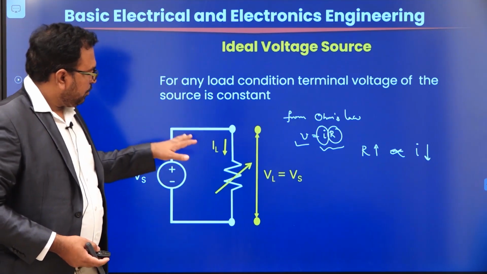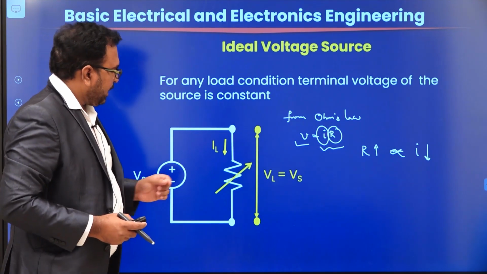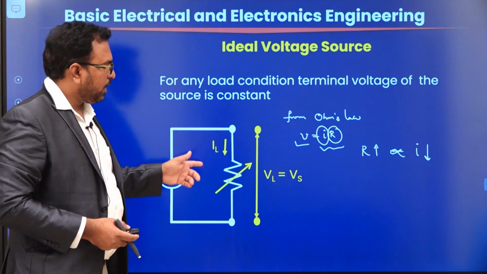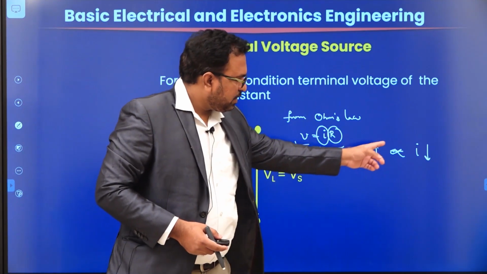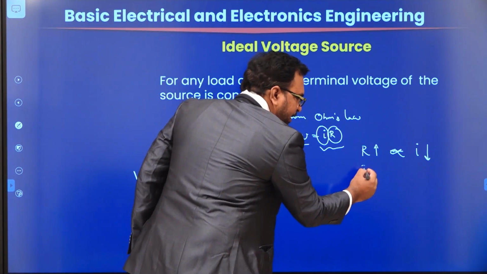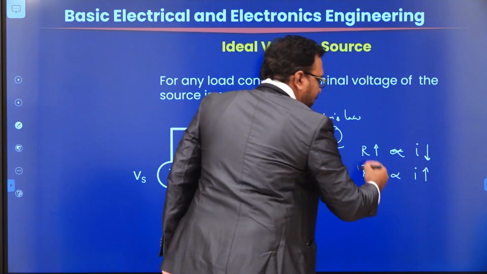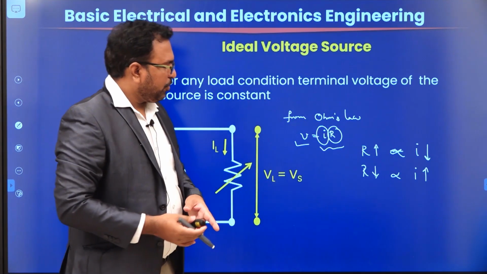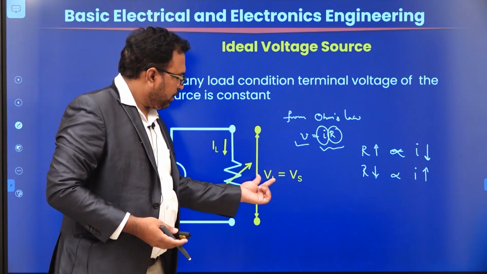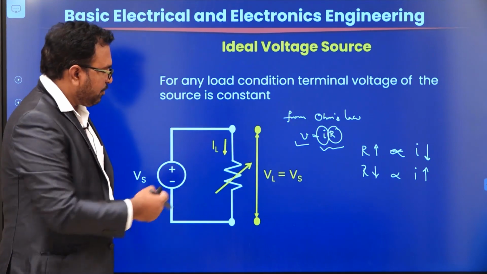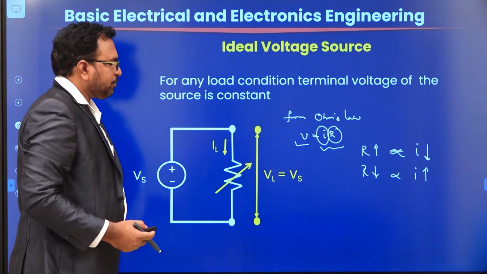I am going to tell you once again: when you vary the resistance here, the current also varies. How is the current going to vary? If you increase the resistance, current decreases. If you decrease the resistance, current increases. This happens proportionally to make sure that the voltage always remains constant. What is the factor that is going to make these two equal?